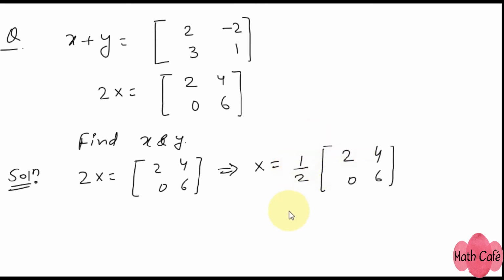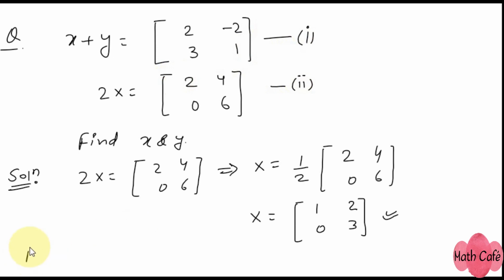So I'm going to multiply this matrix by 1 by 2, so 1 by 2 will be multiplied by each of the elements. So X will become 2 by 2, that will become 1, 4 by 2, that is 2, 0 by 2, that is 0, and 6 by 2, that is 3. So we have obtained the value of X. Alright, so I'm going to put the value of X in this equation. Let's say this is equation number 1 and this is equation number 2.